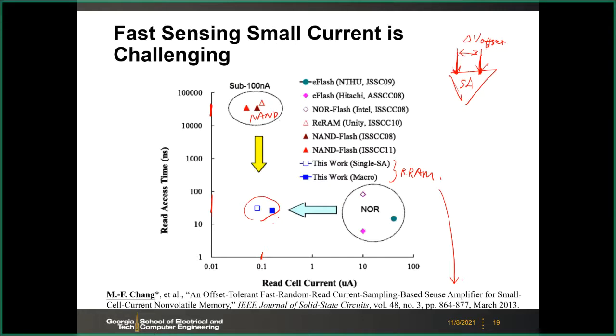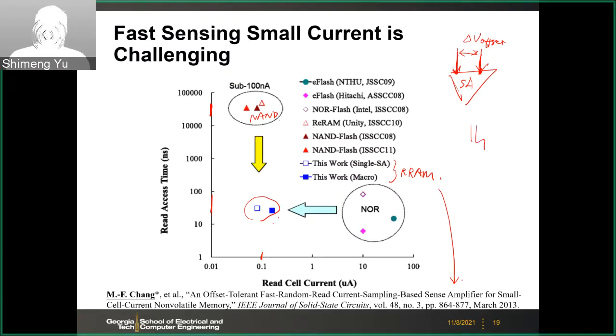For example, if you think about the two transistors as a differential pair, right? This is one input, this is another input for the voltage mode. If you have a VTH mismatch, one is always stronger than the other one. That means the signal needs to be larger than this delta offset to make it flip.